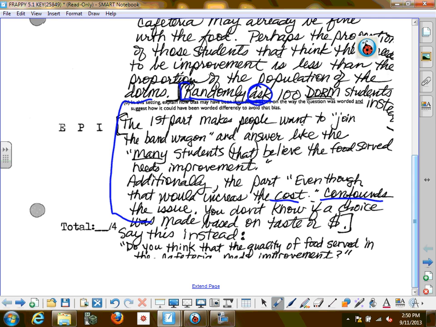You don't know if a choice was made based on the taste or the money. Okay, one of those two sentences, and that's partial credit so far. The second part is a correct replacement sentence, and mine says, do you think the quality of the food served at the cafeteria needs improvement? So I basically just left out any of those other thoughts.